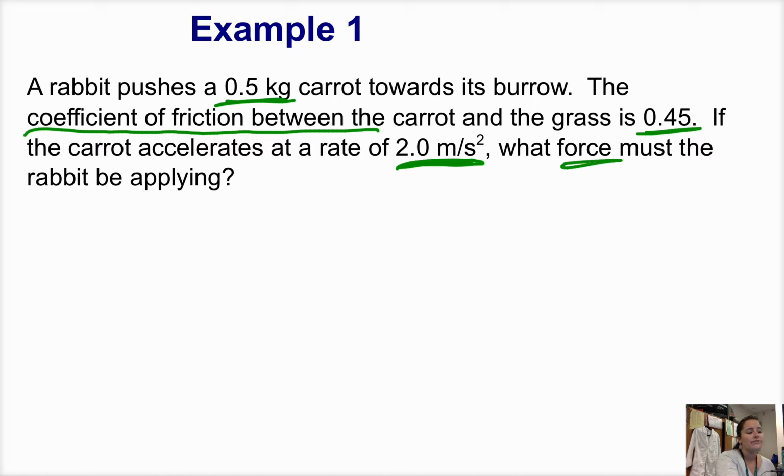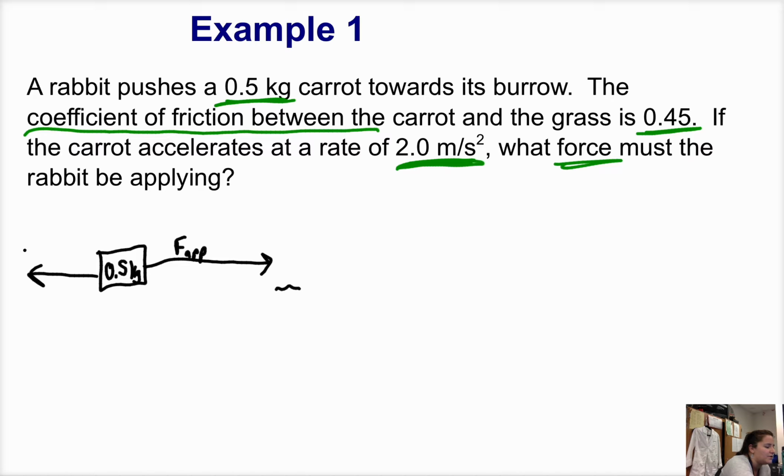And it is 0.5 kilograms. And it's pushing it towards its burrow. We'll say that its burrow is over there. Why not? So it is applying a force. It says that there's friction between the carrot and the grass, so we know that there is some force of friction.